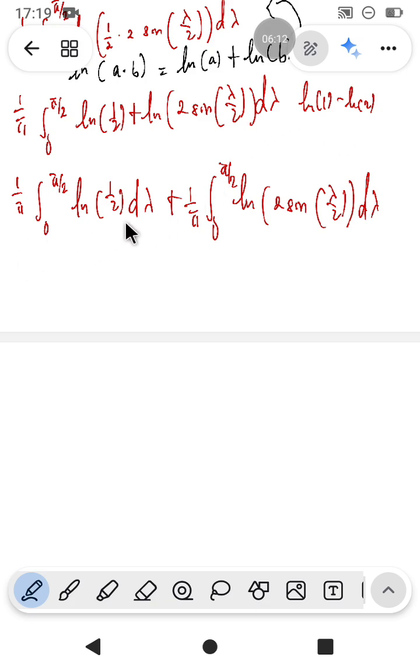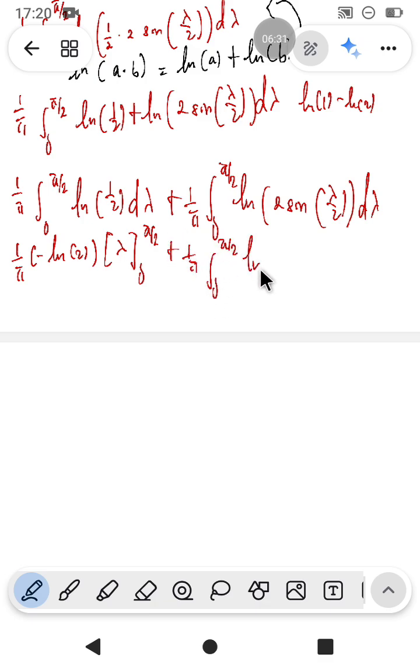So then if you integrate the constant, you get x, or since we are using lambda, you get lambda. So we have 1 over pi multiplied by negative natural log of 2, then multiplied by lambda, then you apply your limit from 0 to pi over 2, then plus 1 over pi, then the integral from 0 to pi over 2, natural log of 2 multiplied by sine lambda over 2, d lambda.